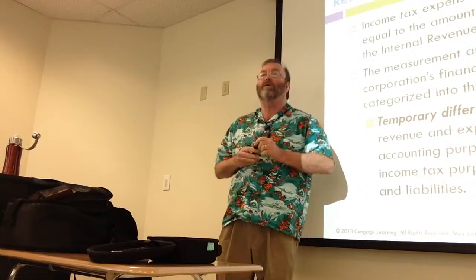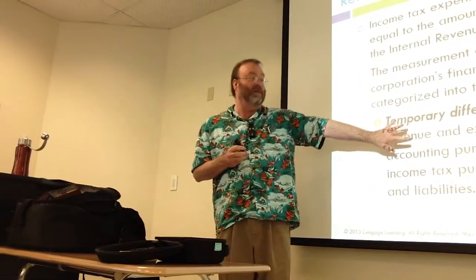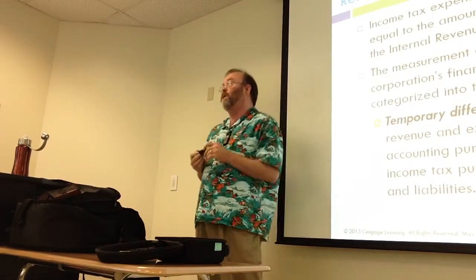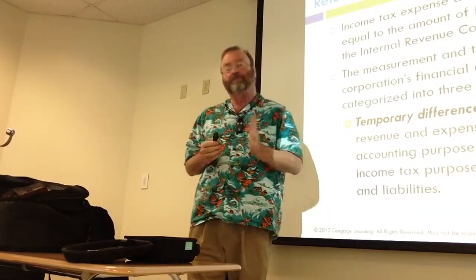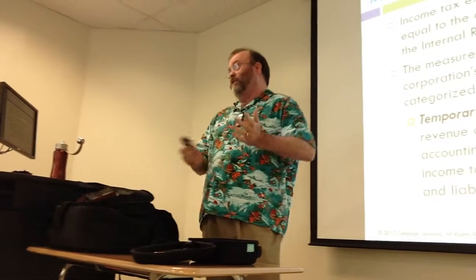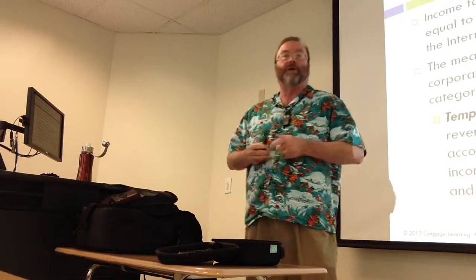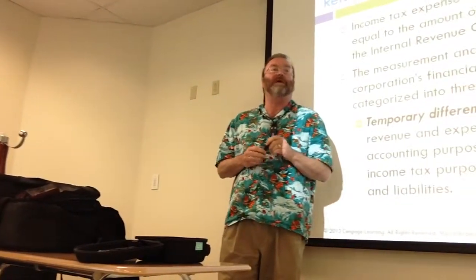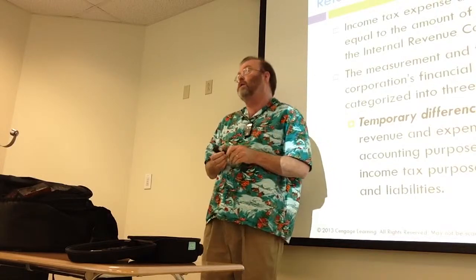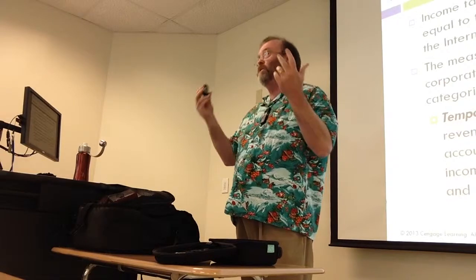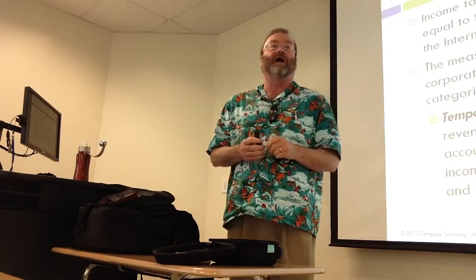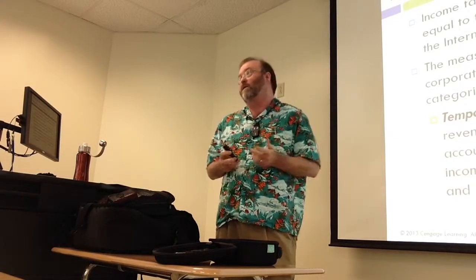And this is really the main focus, the temporary differences. So just to introduce it, a good example is depreciation. For U.S. GAAP purposes, depreciation can be straight line, can be double declining balance, can be sum of the year's digits, can be units of production.